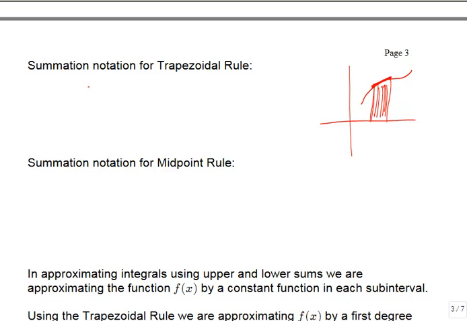And the formula for that, or the summation notation for that, is the sum from 1 to n of this (b minus a) over 2n, and then you get f of x sub i minus 1 plus f of x sub i.